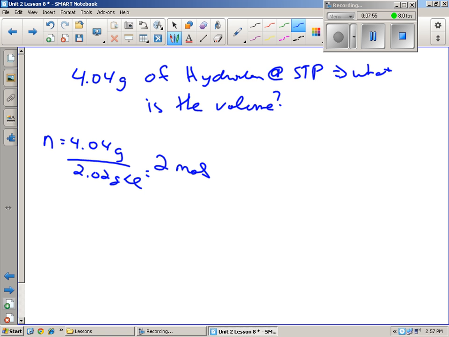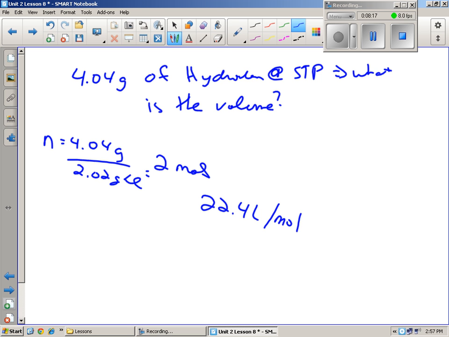Guess what? 2 moles of hydrogen at STP, any gas at STP, hydrogen, oxygen, nitrogen, is going to occupy 22.4 liters for every mole of that gas. That's a guarantee. Okay? I just did it on the other page with PV equals nRT. 22.4 liters per mole.